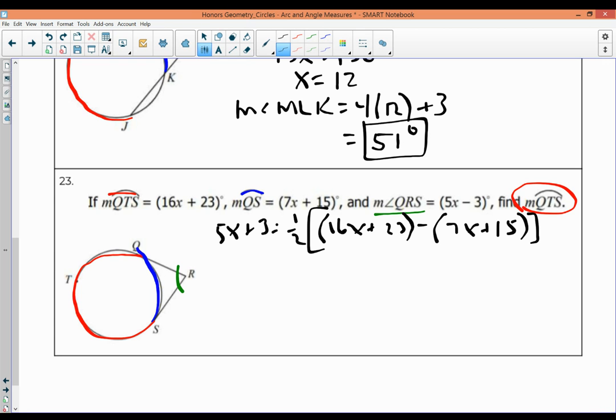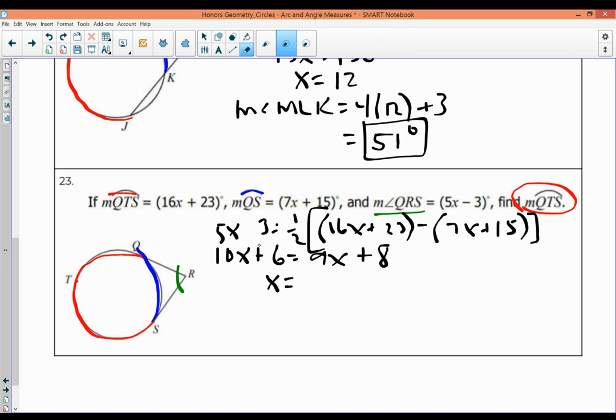So now I'll multiply both sides by 2. So I have 10x minus 6 equals 16 minus 7 is 9, 9x. 23 minus 15 is 8, positive 8. All right, and then I'm left with x equals, oh my gosh, I keep messing up my signs.